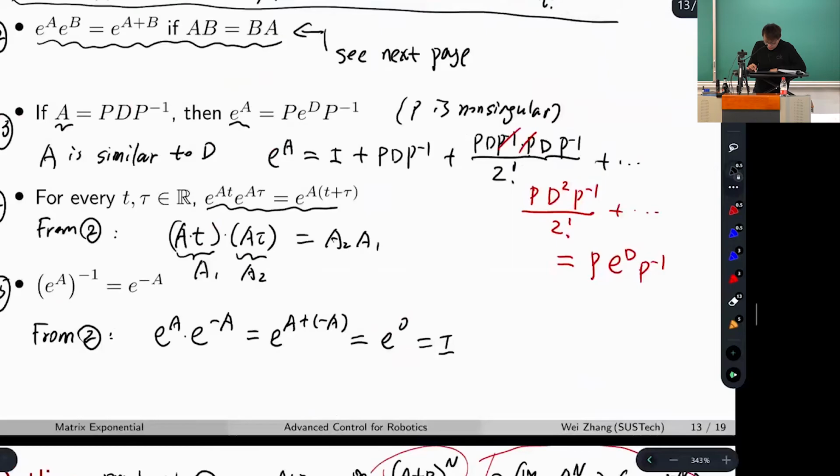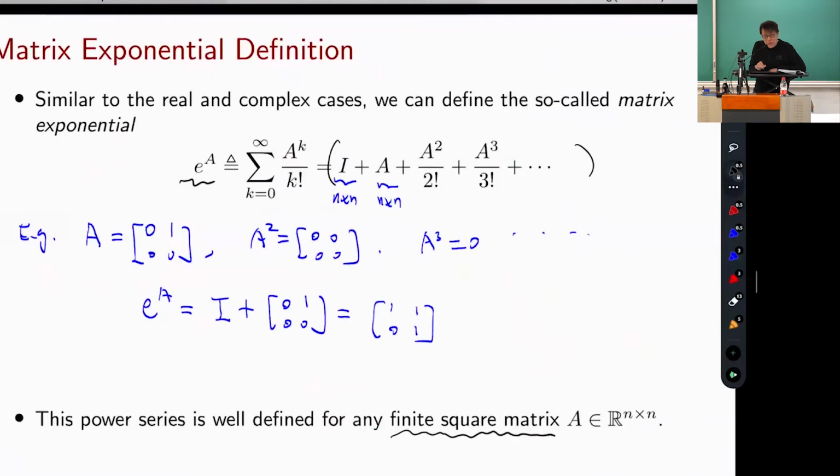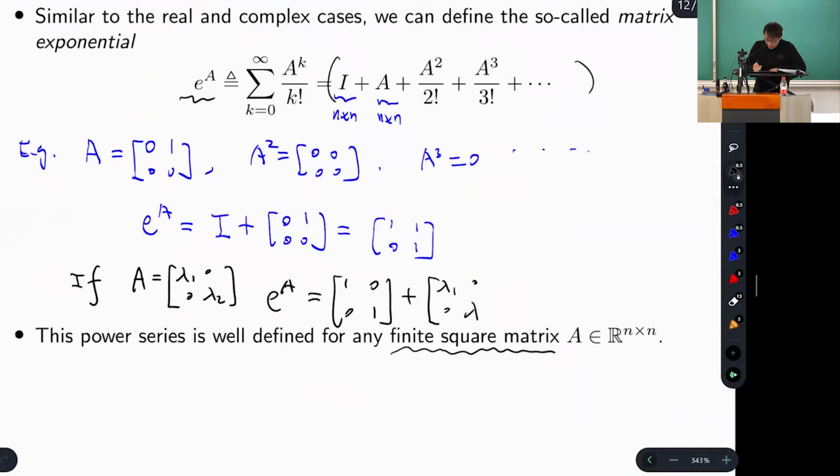It's clear from the definition: if A is diagonal, say lambda 1, lambda 2, then e to the A will be the identity [1, 0; 0, 1], plus [lambda 1, 0; 0, lambda 2], plus lambda 1 squared over 2 factorial, lambda 2 squared over 2 factorial, and so on.